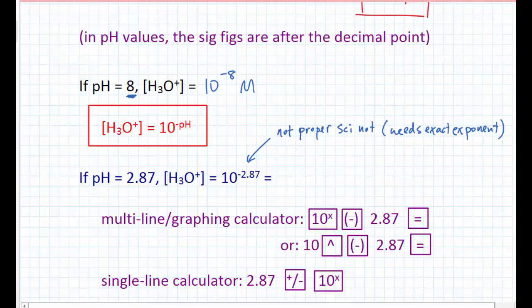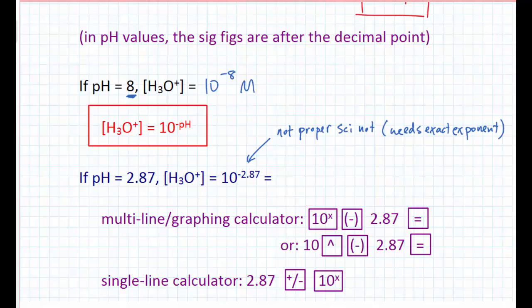It gives you a 10 to the negative 2.87. The other thing you could do that's completely equivalent, you could do 10 and a caret. Mine has a little caret that just raises it, so make sure to have the negative sign in there, though.